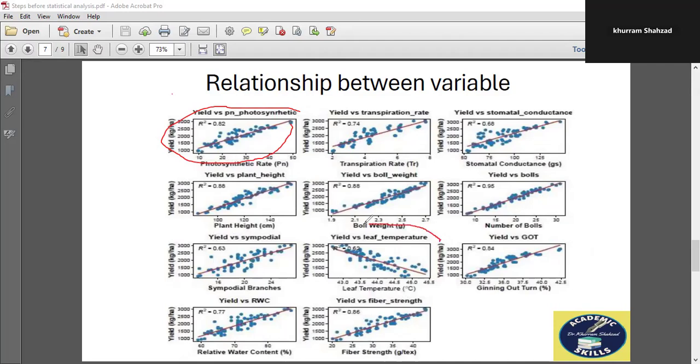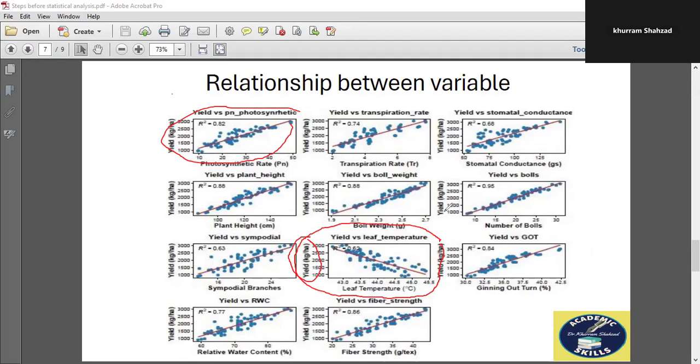Almost all variables show a positive relationship with yield, but leaf temperature shows a negative correlation with yield. As leaf temperature decreases, yield increases. You can see how leaf temperature values affected the yield, where low leaf temperature gave high yield.